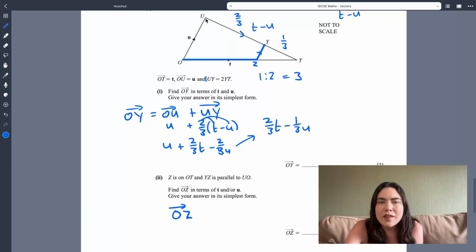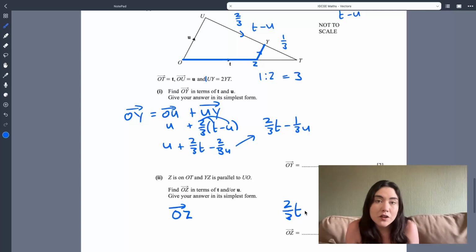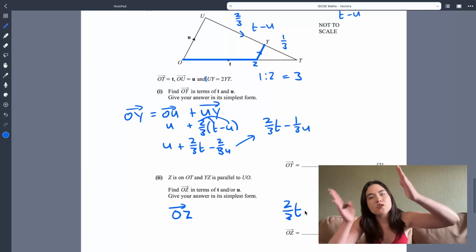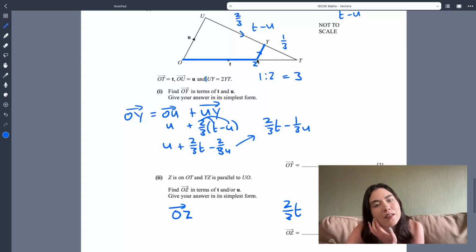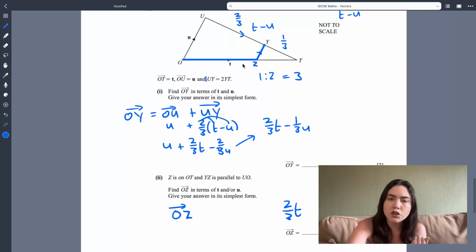And so based on that idea, if U to Y is 2/3, then O to Z must also be 2/3. So it would be 2/3 of T. I don't know if that makes sense, but because they're parallel, they're equidistant, so it doesn't matter where this line is, it will be the same ratio, the same scalar value. Okay, cool.